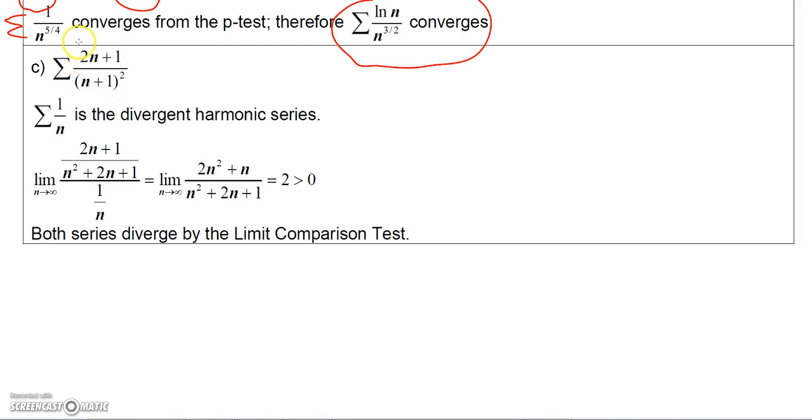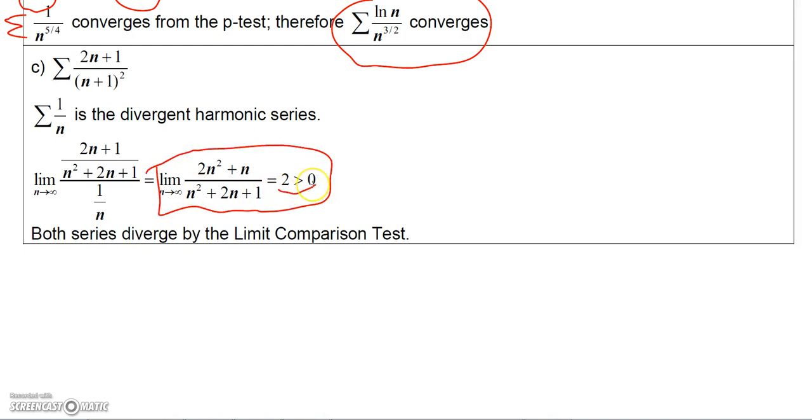Now on the last one, I just did the limit comparison test. So you take the limit of 2n plus 1 over n squared plus 2n plus 1, over 1 over n, and what you'll end up with is 2n squared plus n over n squared plus 2n plus 1. If you take the limit of that as n goes to infinity, you'll get 2, which is greater than 0.